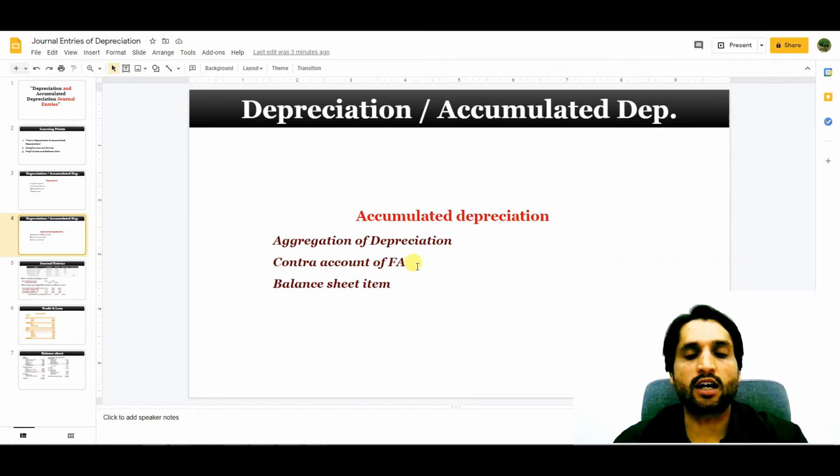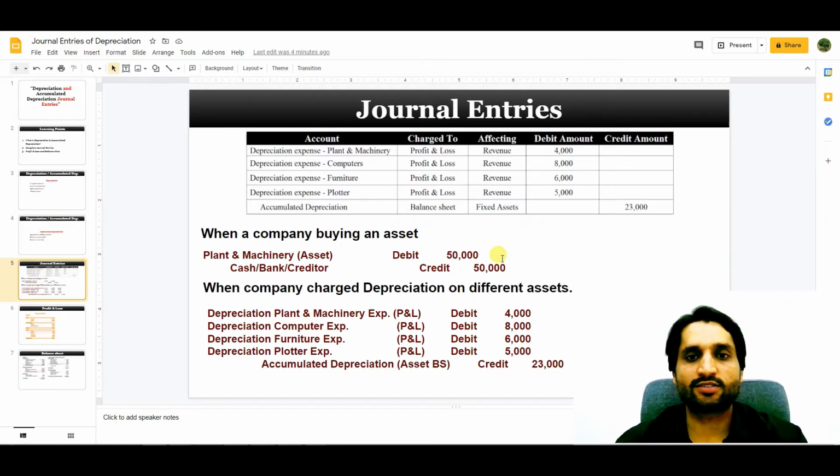It is a contra account of fixed assets. It comes under the fixed assets, but as a contra account: fixed assets are debit, but accumulated depreciation comes under the assets as a credit. It is a balance sheet item. We record accumulated depreciation in the balance sheet because it has to go with the years. Like if the useful life of an asset is 5 years, the accumulated depreciation will go with that asset for 5 years. Let's see the journal entries.